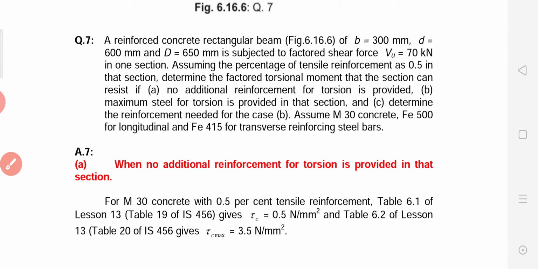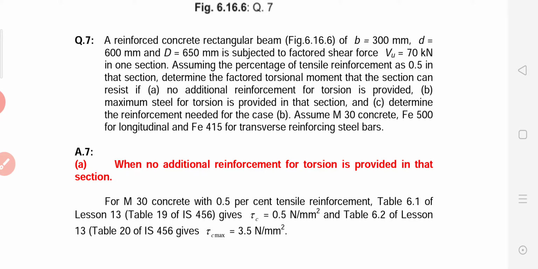So we solve the question. First condition is when no additional reinforcement for torsion is provided. So when no additional reinforcement for torsion is provided in that section, then for the grade of concrete with 0.5% tensile reinforcement, we find the value of tau c and tau c maximum according to the Indian Standard Code 456/2000 from table 19 and 20.